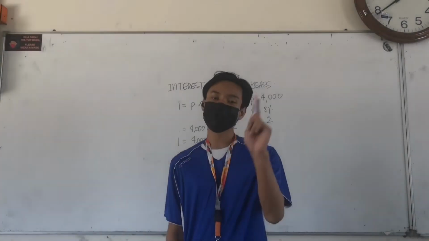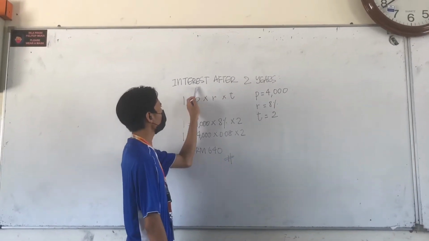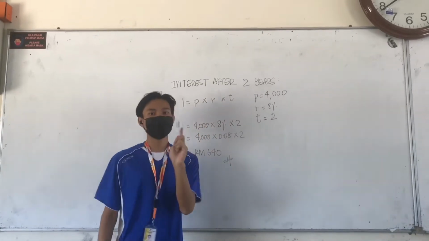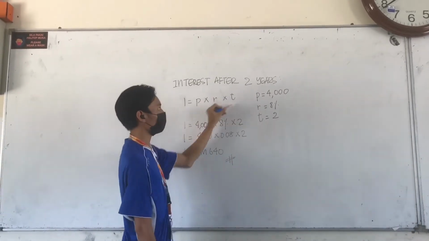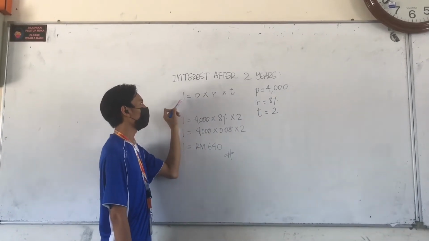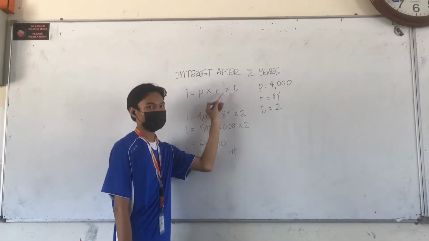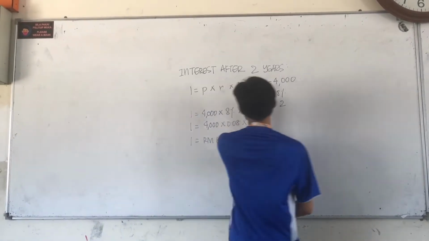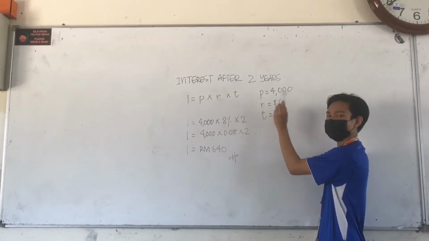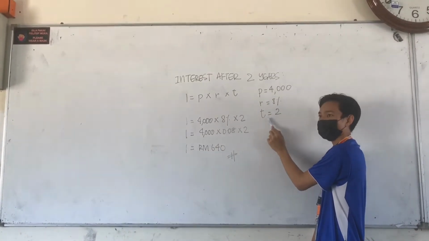Referring to your question just now, let's find out how much is the interest after 2 years. Before that, let me just recall the formula first. Use the following simple interest formula. I equals P times R times T, where P is the principal or money deposited, R is the rate of interest, T is time.